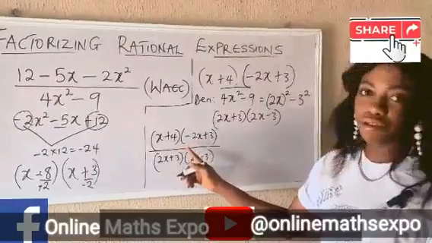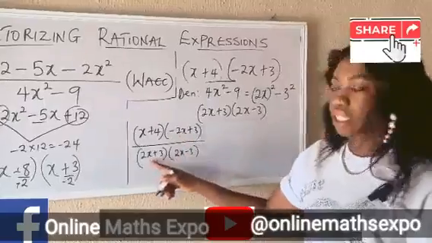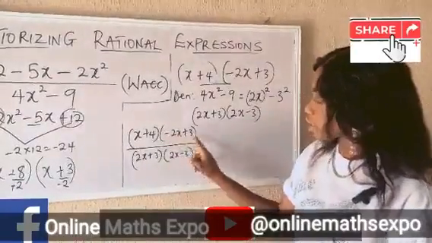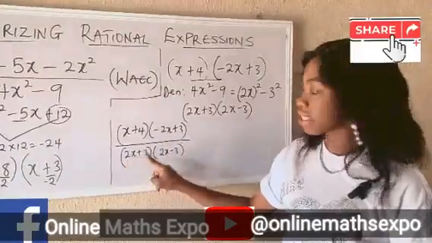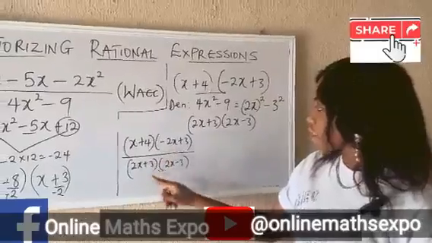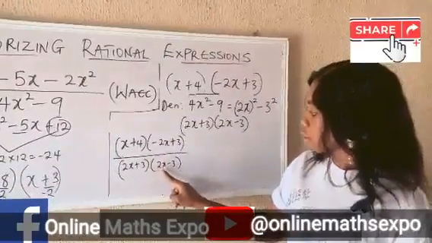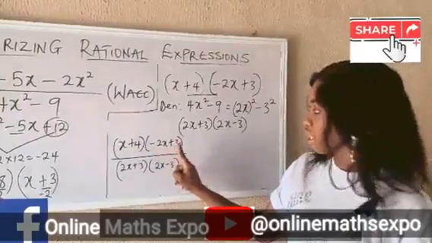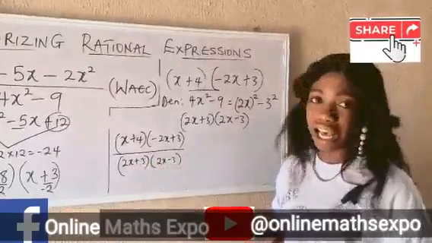Most students usually fall prey by cancelling out these two, thinking they are the same. Please, these two are not the same. Here it is minus 2x, this is plus 2x. Here is plus 3, this is plus 3. So they are not the same. You also cannot cancel this, because here this is plus 2x, this is minus 2x. This is plus 3, whereas this is minus 3. So none of these two are the same.